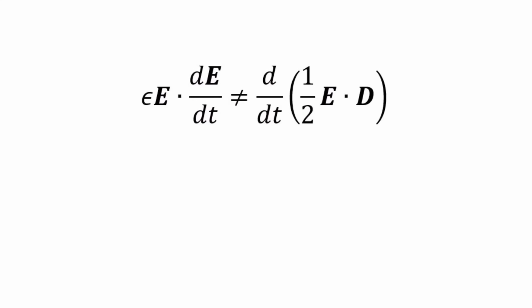As you might expect, I have a similar problem with epsilon E dE/dt equaling the time derivative of the electric energy density, 1/2 ED. For one, the electric coefficient epsilon is due to the electric properties of the non-conductor, which Faraday called the dielectric, and is not independent of time.